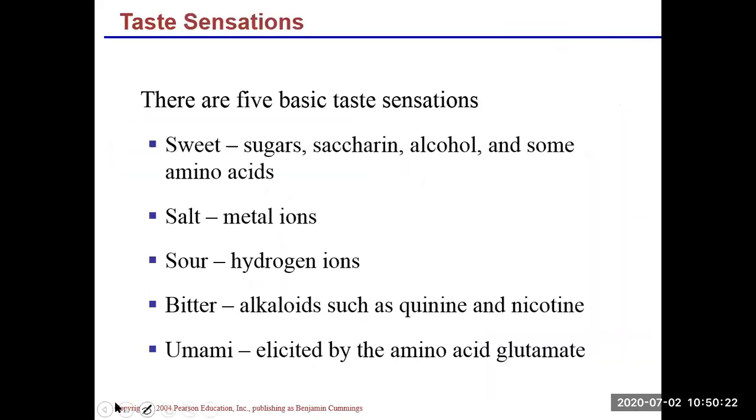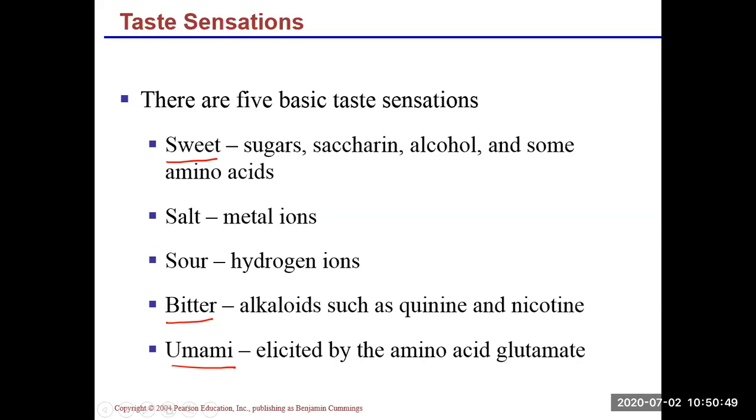Okay, so that's what we're going to get at. We go ahead and take a look at the different types of taste sensation. Although this is very, very general, a lot more have been identified, but we're not going to get into it. Sweet, bitter, umami, those all work via the G-linked protein.